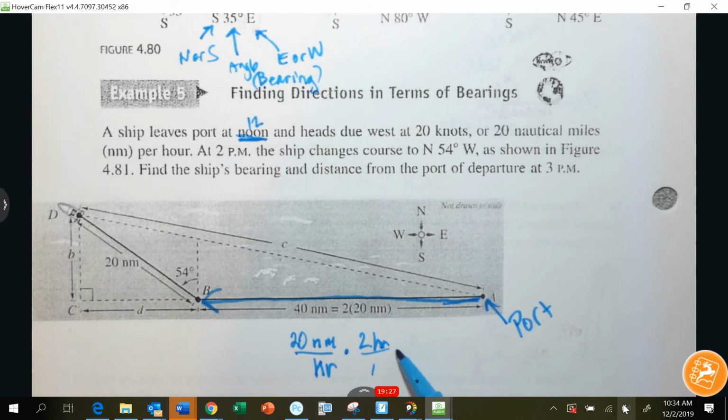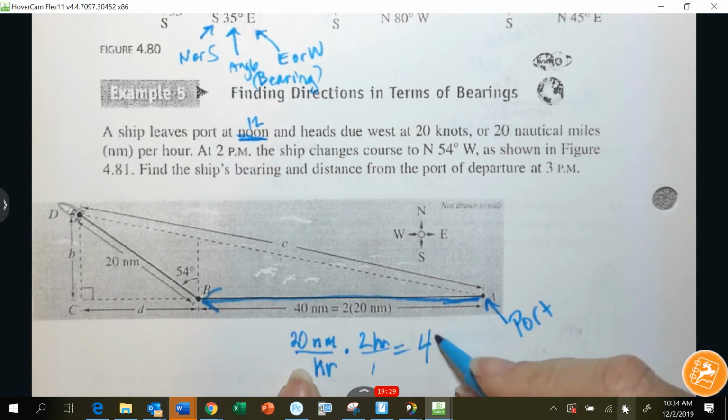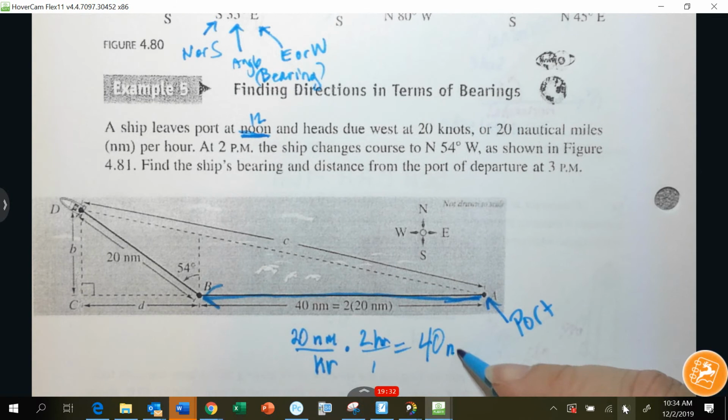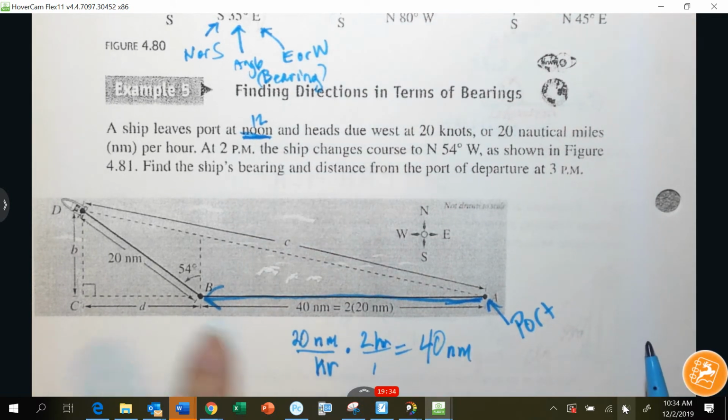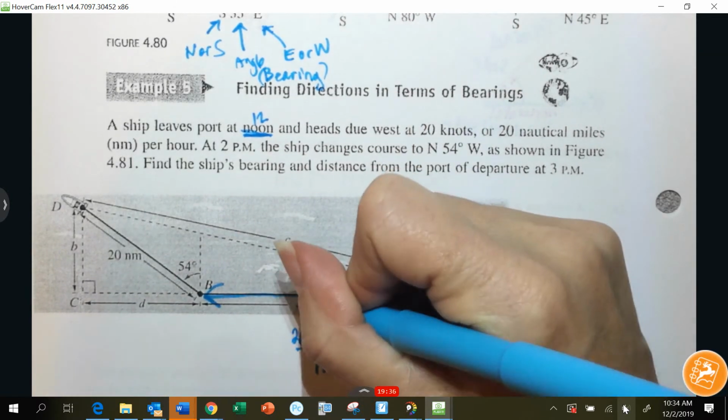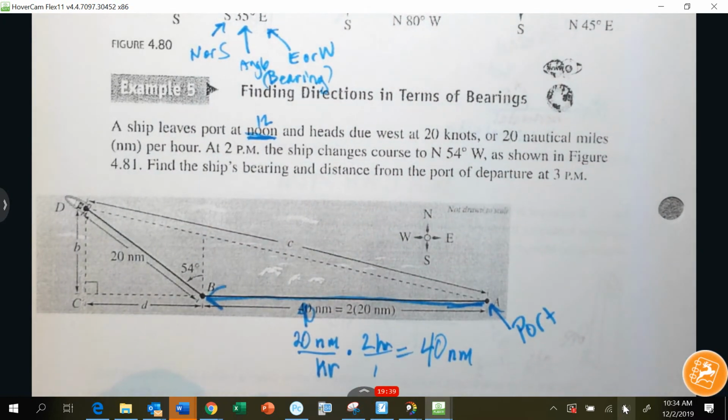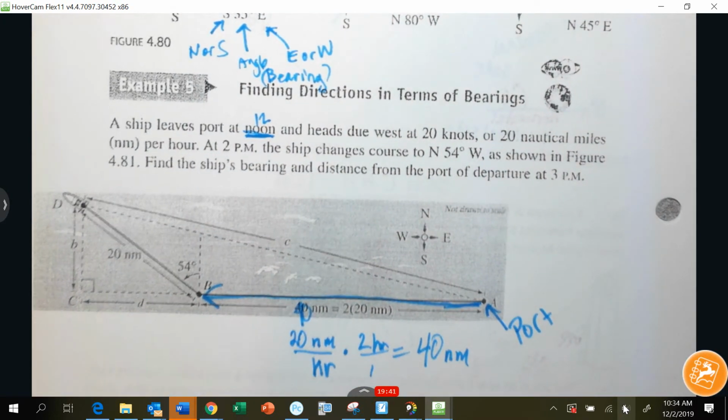We're traveling for 2 hours, we're going to get 40 nautical miles. That's the distance of that. So they have that written there. I just want to make sure everybody knows how we got it. So 40 is the length of that line.